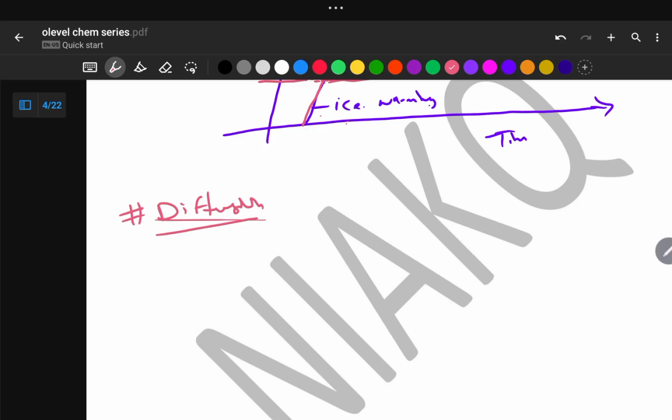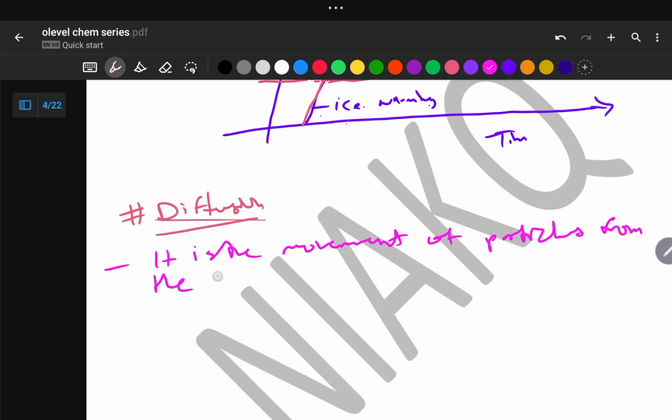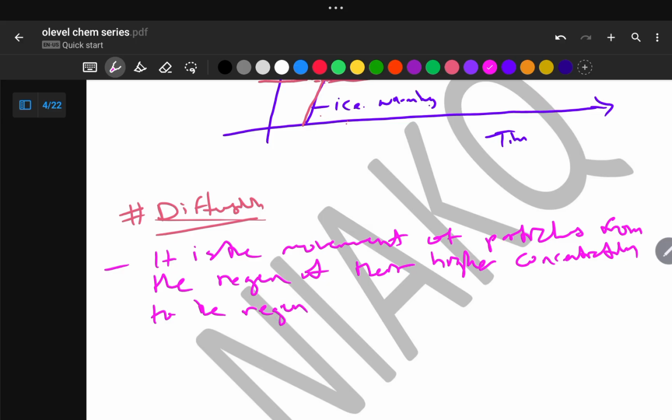Diffusion is defined as the movement of particles from a region of higher concentration to a region of lower concentration, down a concentration gradient.